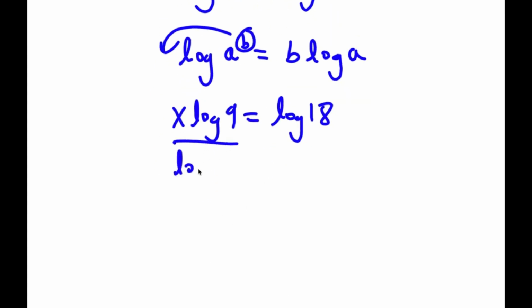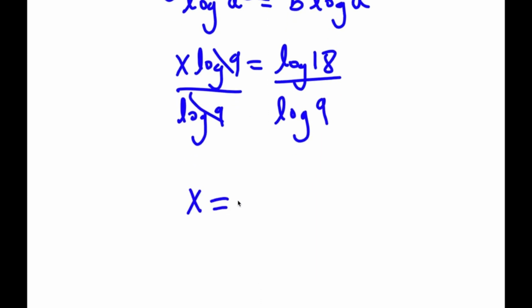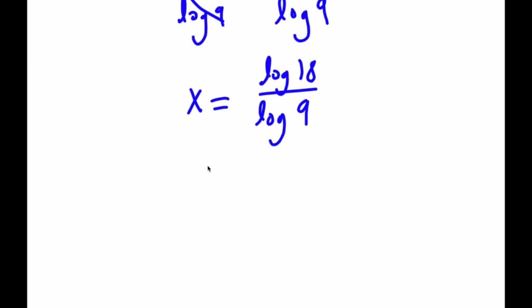Now, I'm going to go ahead and divide both sides by log 9. These two cancel out, and I have x is equal to log 18 over log 9. Now log 18, that's the same thing as log 9 times 2.